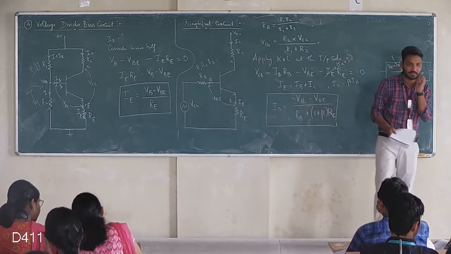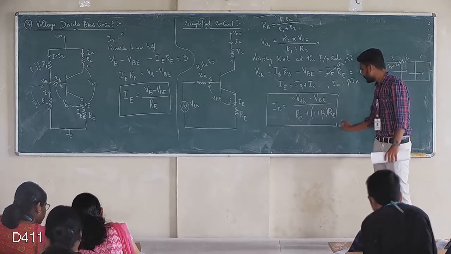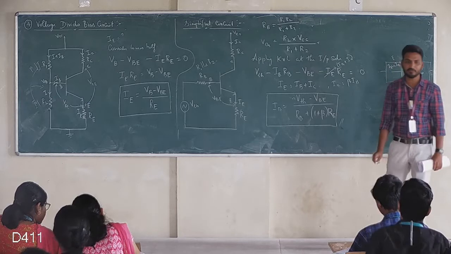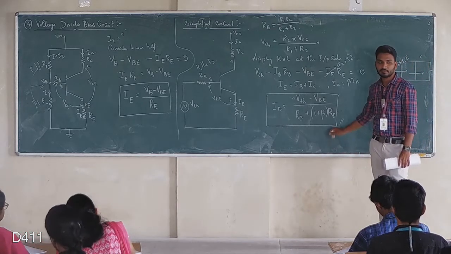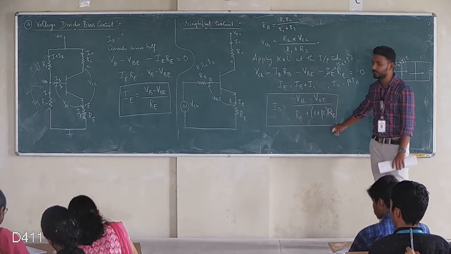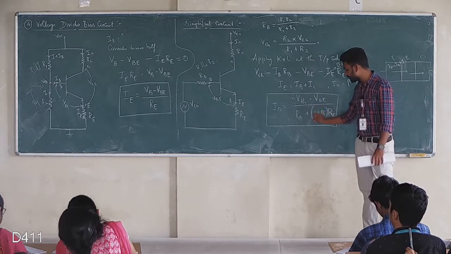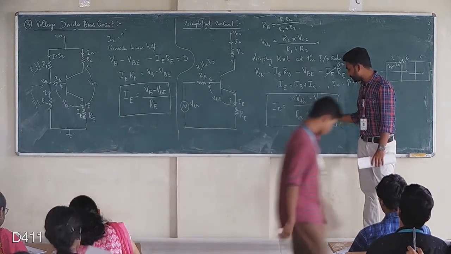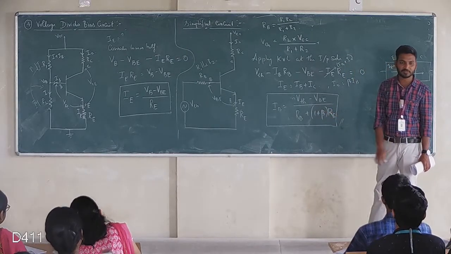Okay, listen. This is the final equation of the voltage divider circuit. From this we can see the term 1 plus beta. How can we remove this term 1 plus beta?